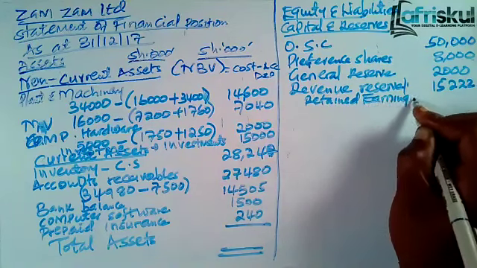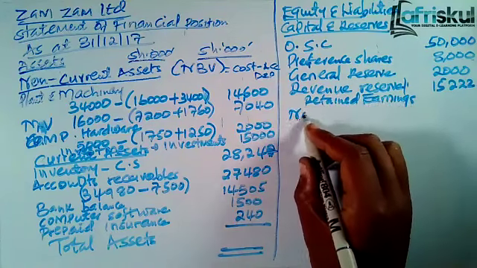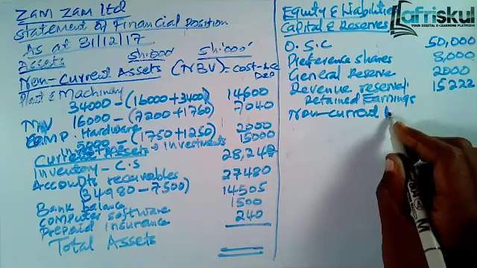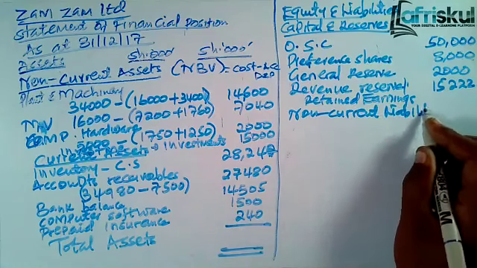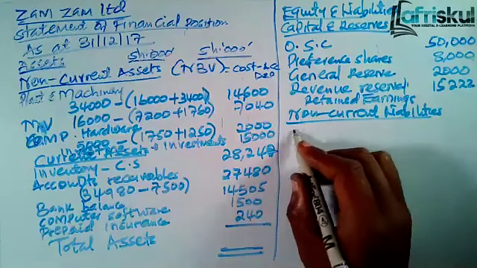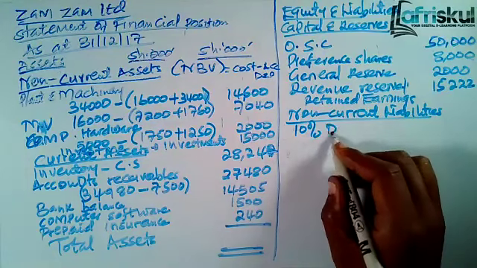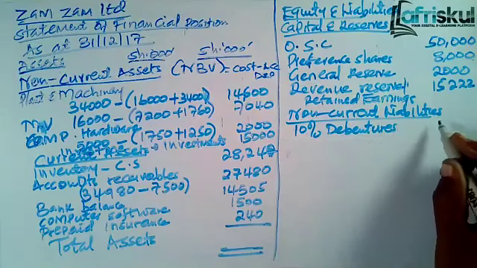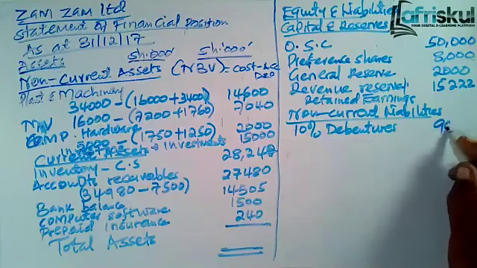The other part is now on the non-current liability, where we are having the 10% debentures, which in this case is 9,000.